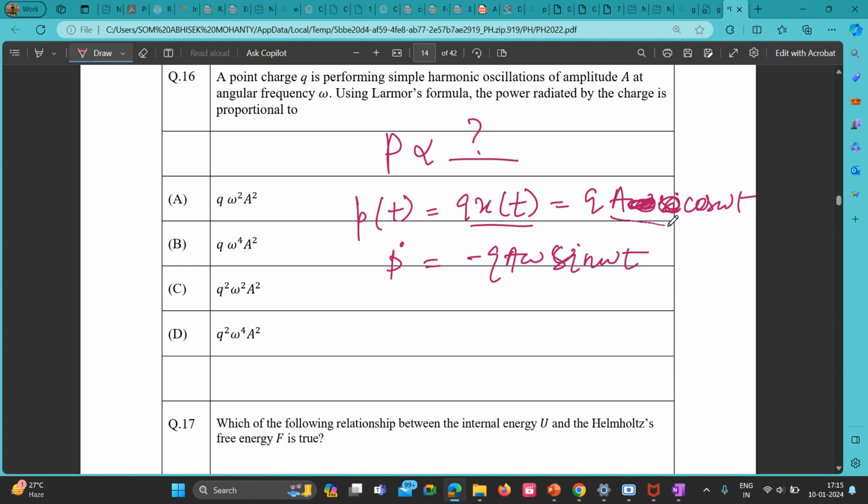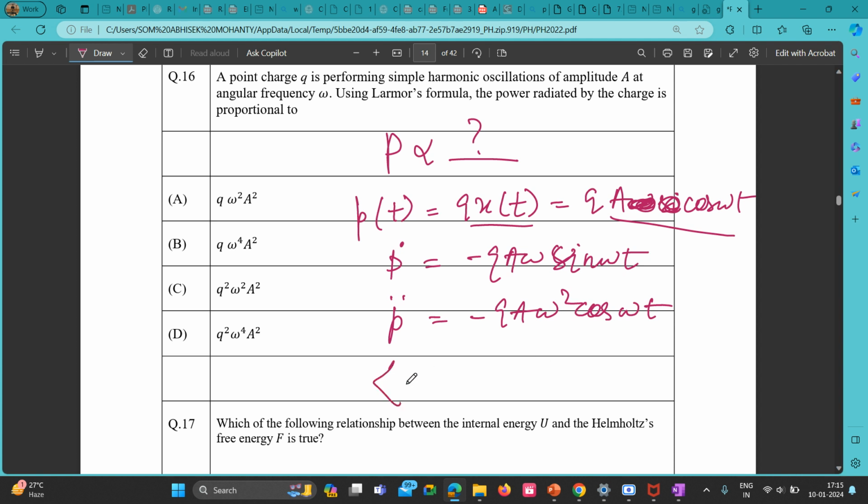Since x of t is A cos omega t. So P dot is minus Q A omega sin omega t. P double dot is how much? Minus Q A omega square cos omega t.